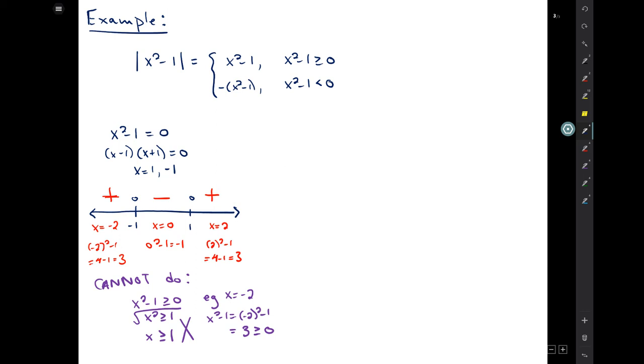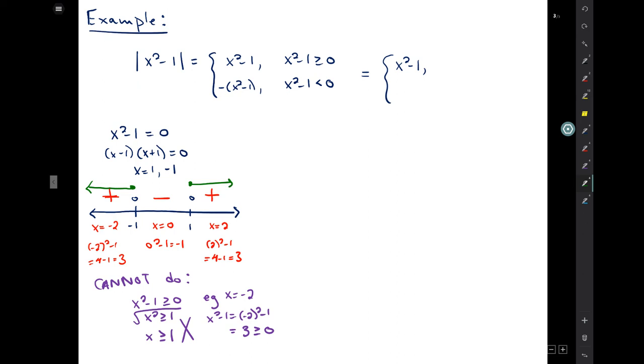It works really well. And what that tells me is that when I go to simplify my absolute value, this top part, this x squared minus 1, well, where was this expression greater than or equal to 0? I can either be less than minus 1, where I'm positive, or I can be 1 and greater than.